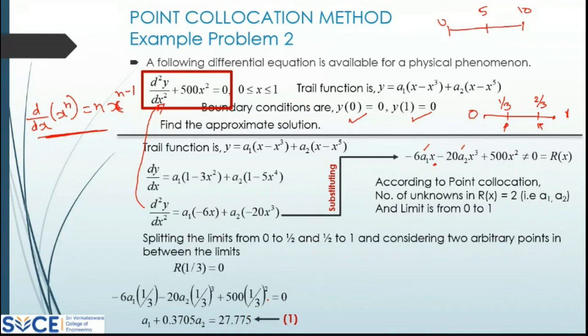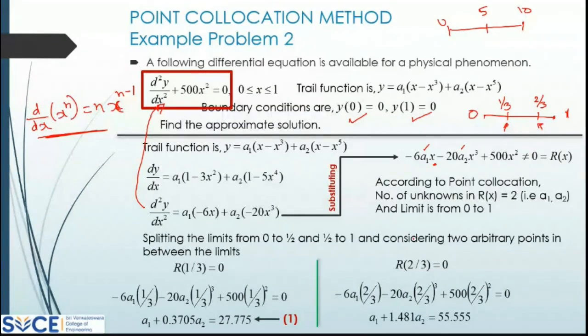Similarly, let me substitute x is equal to 2 by 3 here: minus 6a1 times 2 by 3, minus 20a2 times (2 by 3) the whole cube, plus 500 times (2 by 3) the whole square is equal to 0. Solve this, and you will get another equation. Now I have two unknowns and two equations.